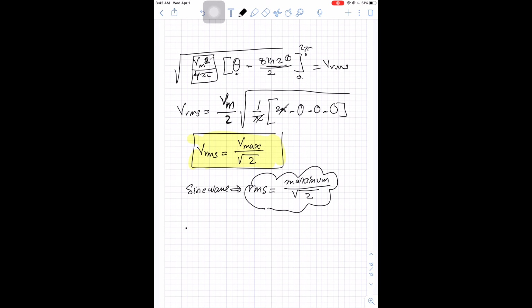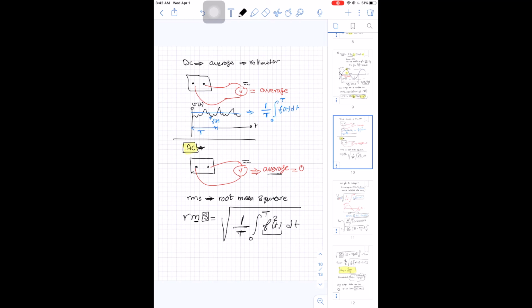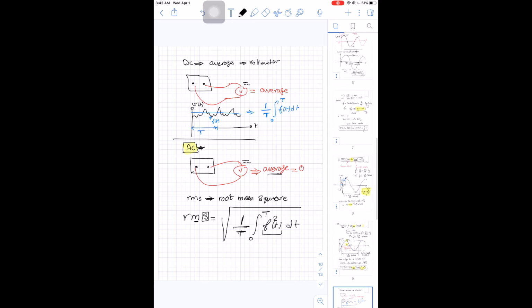So any voltage value will be given as RMS. For example, the voltage at home is 110 RMS. So this 110 voltage is RMS. If you remember, at the beginning we made a mistake when we defined the voltage at our home, and we said we will correct this later on.